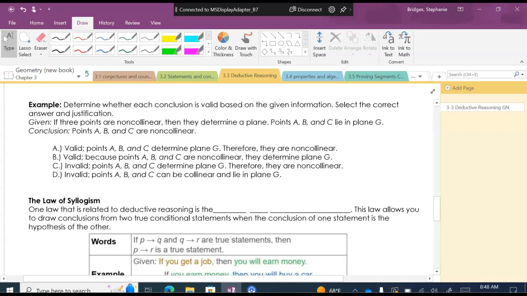And then it says that points A, B, and C lie in plane G. Write it up here a second. So, if 3 points are collinear, then they determine a plane.